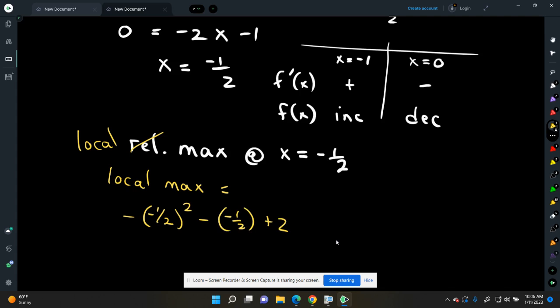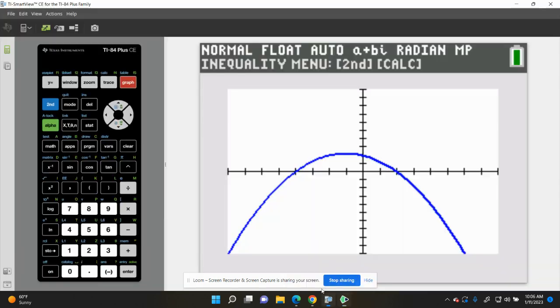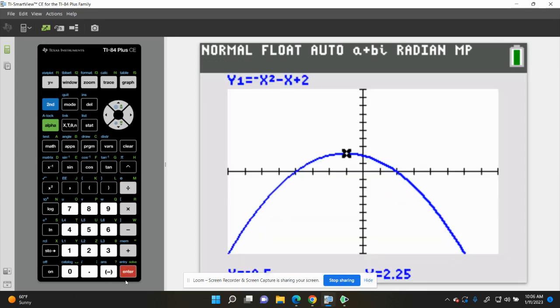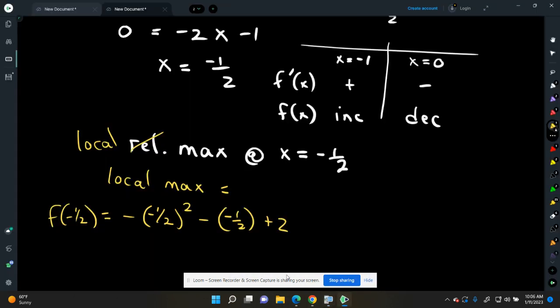I'm plugging it back in, f of negative 1/2. I'm just going to use my calculator to save time. Negative 0.5, so I get positive 2.25. That is my local maximum.